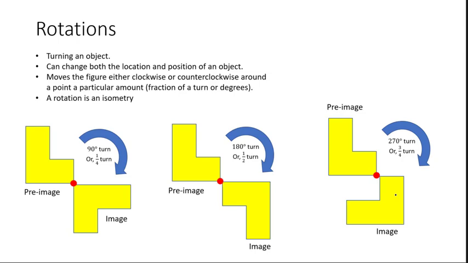The next transformation we have is a reflection, and this is the idea of creating a mirror reflection, or a mirror image, of something. If you look into a mirror, you see your reflection, right? So that's the idea. What this does is flip a figure across some sort of line of reflection. Again, it creates a mirror image of the original object.